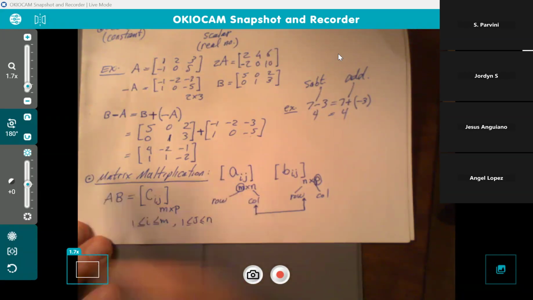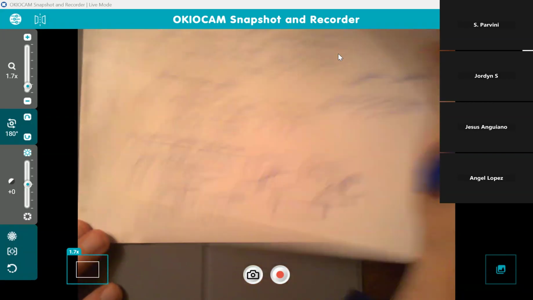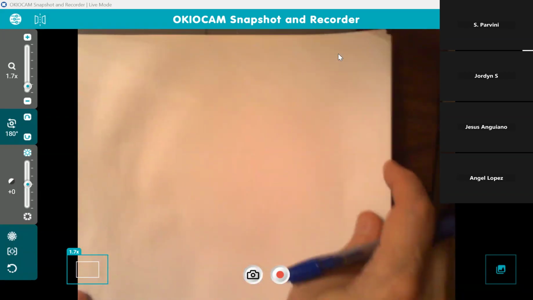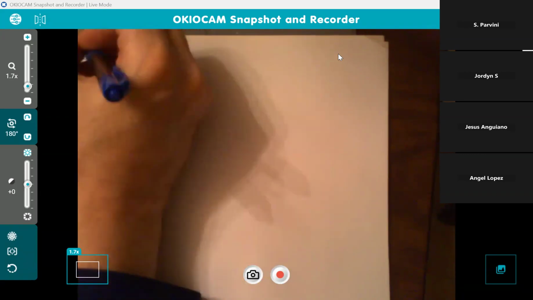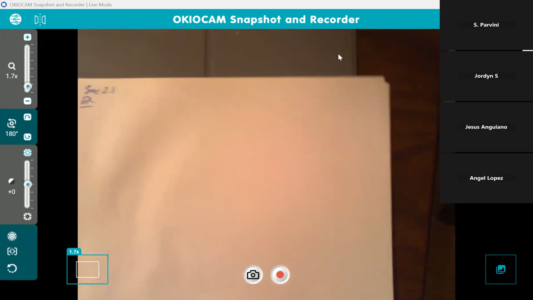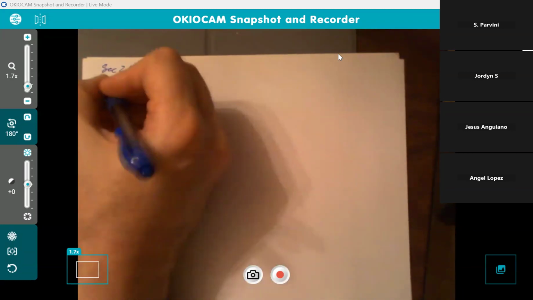So let's do an example of a multiplication. We are again still in section 2.1. Okay, section 2.1, an example.